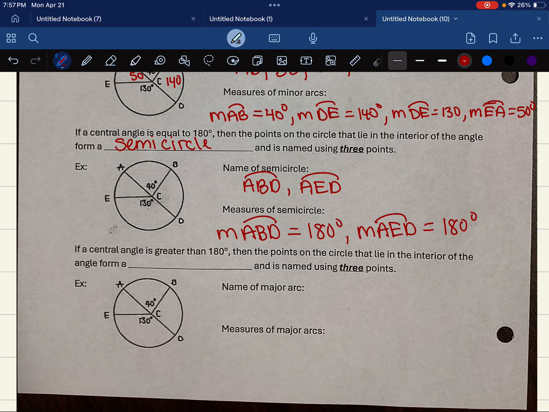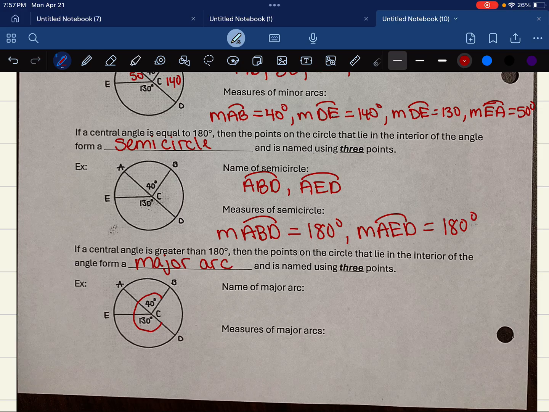All right, lastly, if a central angle is greater than 180, then the points on the circle that lie in the interior of the angle form a major arc. I know I'm saying a lot of words there. Basically, if it's bigger than 180, it's a major arc. If it's less than, it's a minor arc, right? Also named using 3 points. So the major arc here that would be greater than 180 would be all 3 of these together, right?